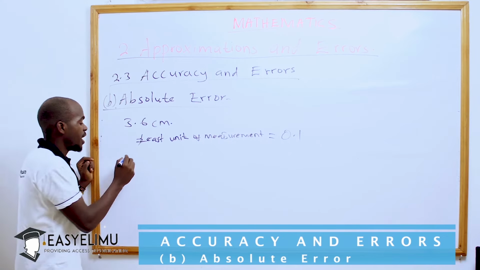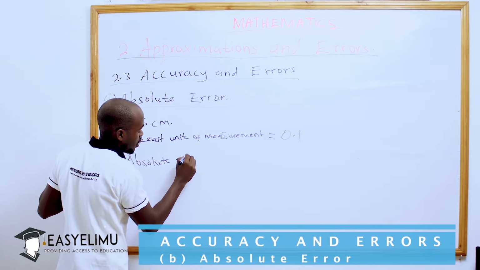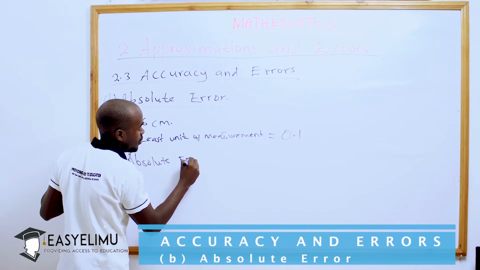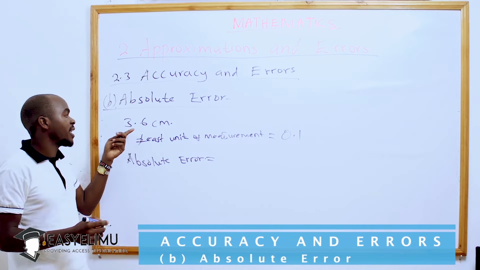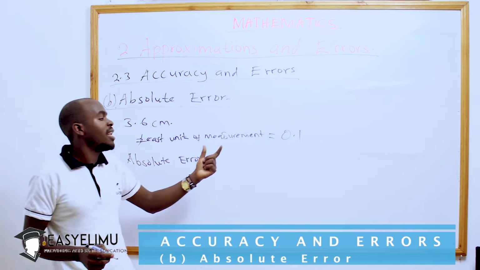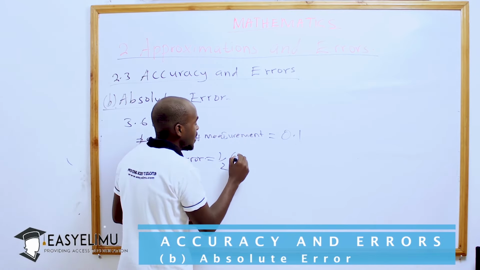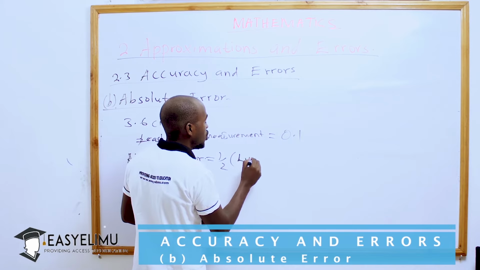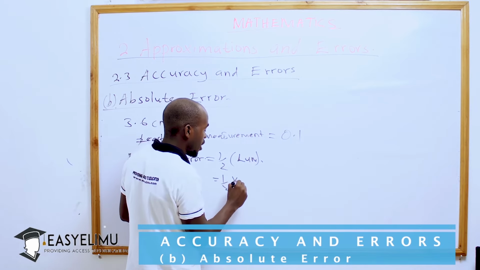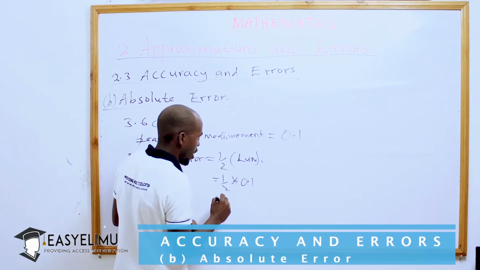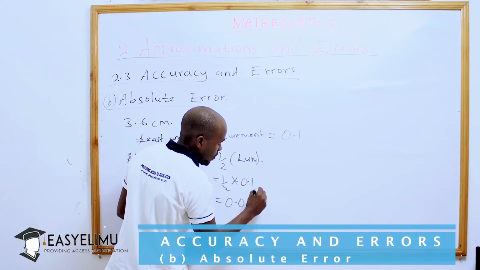But if we need to find the absolute error that may occur here, because that one is the least unit of measurement, we just take a half of the least unit of measurement. So we shall take a half of it, and if you take a half of 0.1, you are going to get 0.05 centimeter.